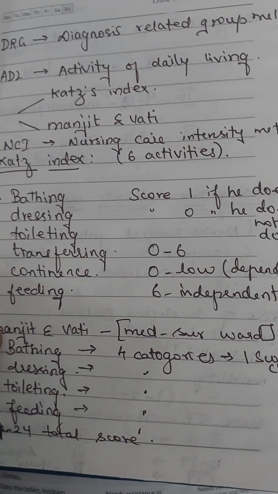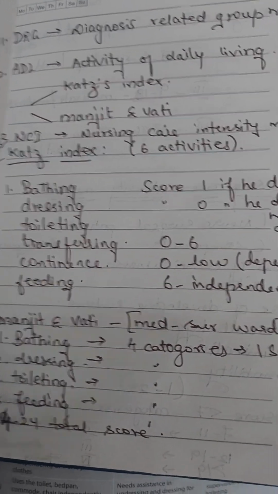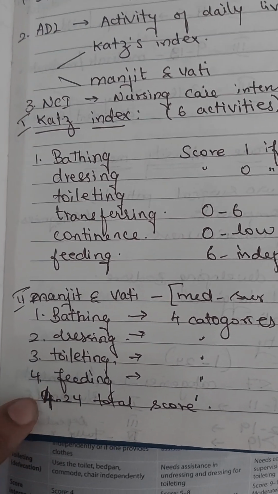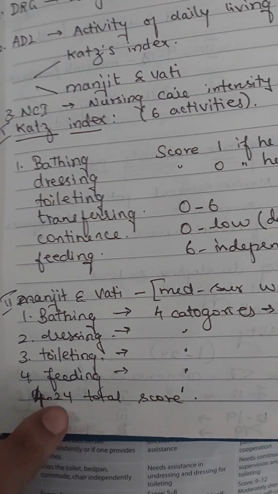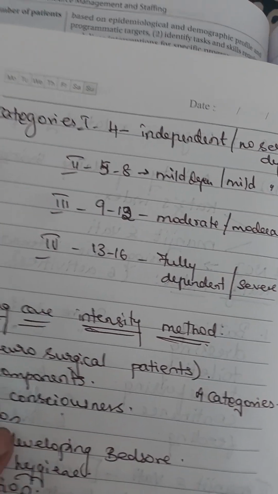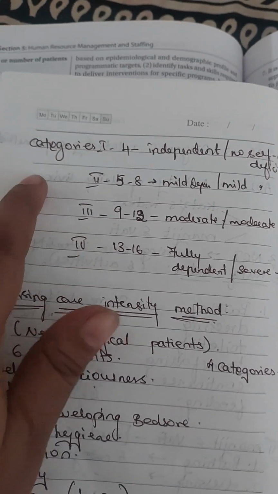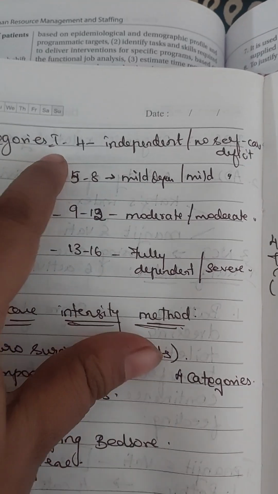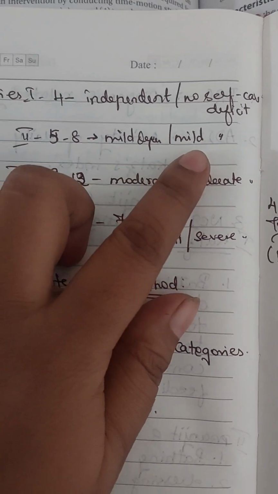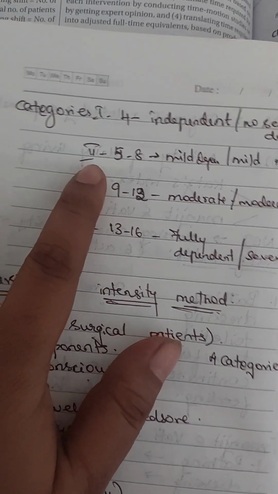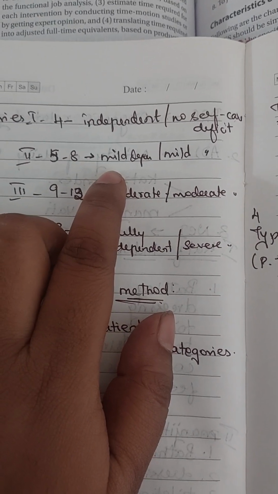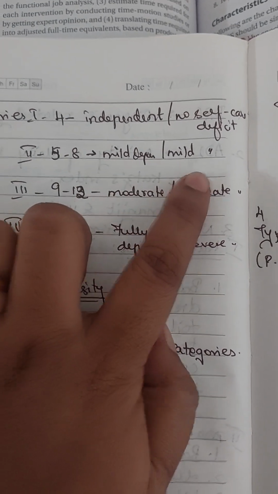For each category we give 1 to 4 marks, so the total score is 4 to 16. We categorize the patient into 4 categories. Category 1, score 4: the patient is independent with no self-care deficit. Category 2, score 5 to 8: mild dependence and mild self-care deficit.